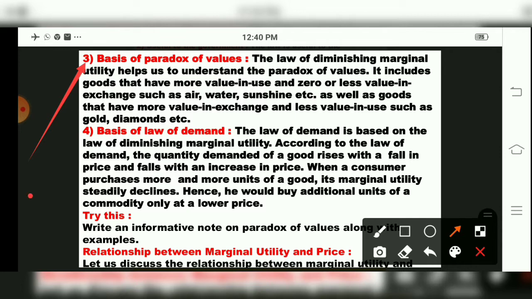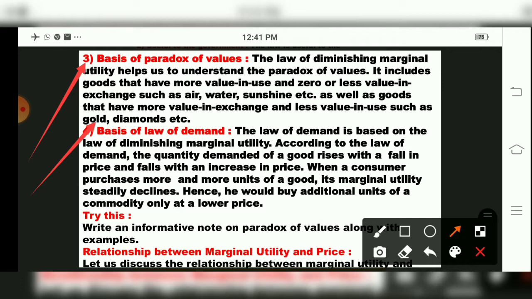Now the fourth significance is what? Basis of law of demand. Now law of DMU is also important in studying law of demand. Means the law of demand is based on law of diminishing marginal utility. Why? Because the law of demand tells us that when price falls, there is an increase in purchasing goods, and when price rises, children, there is a decrease in purchasing goods.